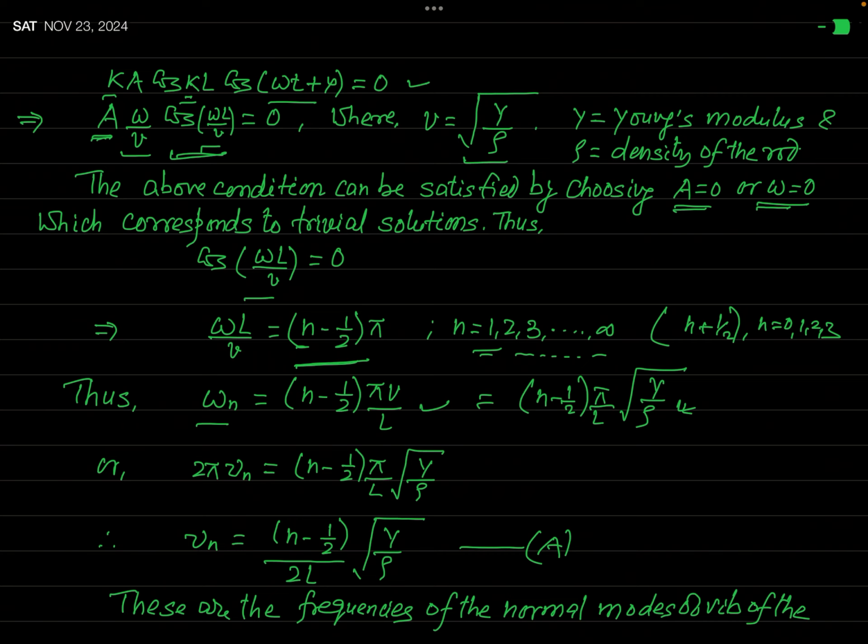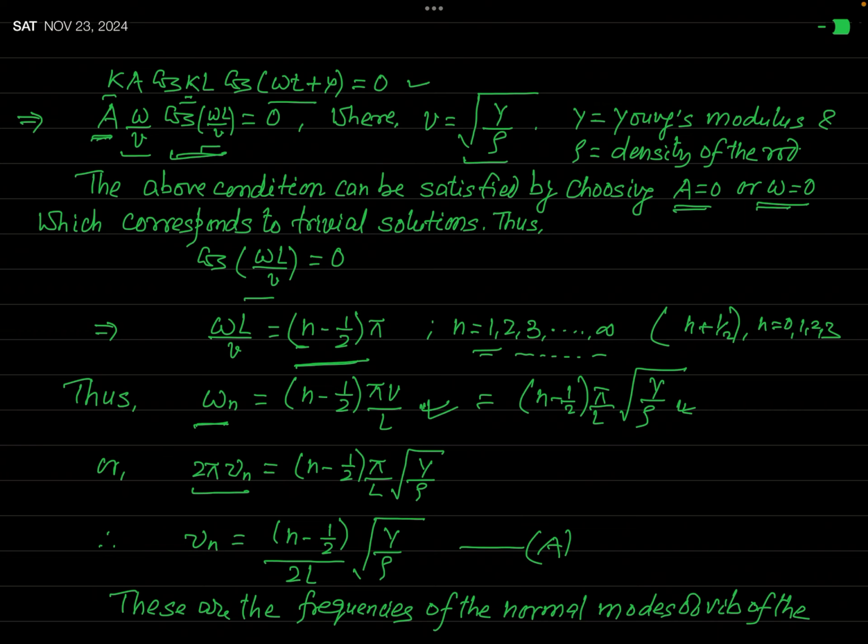But if your aim is to find the regular frequency, or the frequency which is measured in hertz, then you will write omega n equal to 2 pi nu n. Actually here nu n is the regular frequency, or the frequencies measured in hertz.